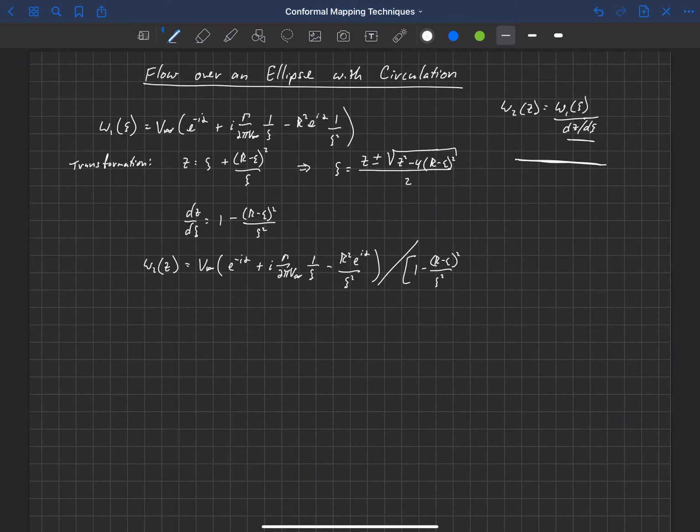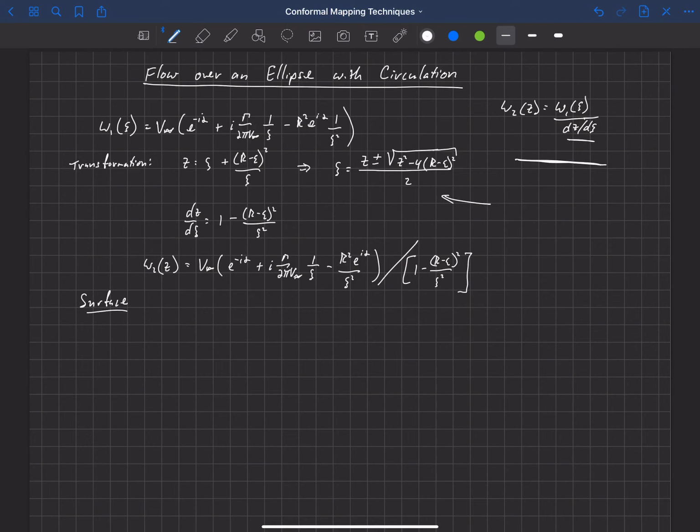So the surface of the circular cylinder in the zeta plane has now been transformed, and that surface was a streamline, right? So the surface of that geometry is a streamline. Let's look at how that streamline has changed as we've gone to the z-plane instead. So let's look at the surface here.